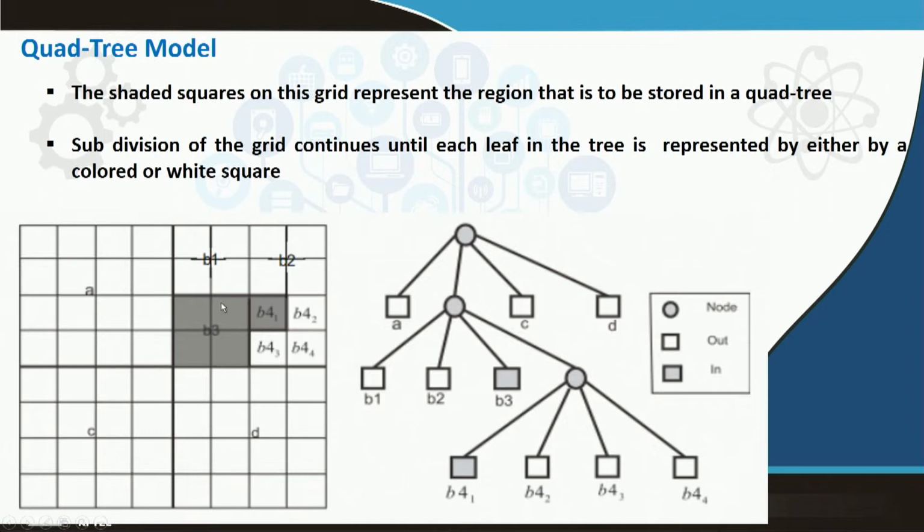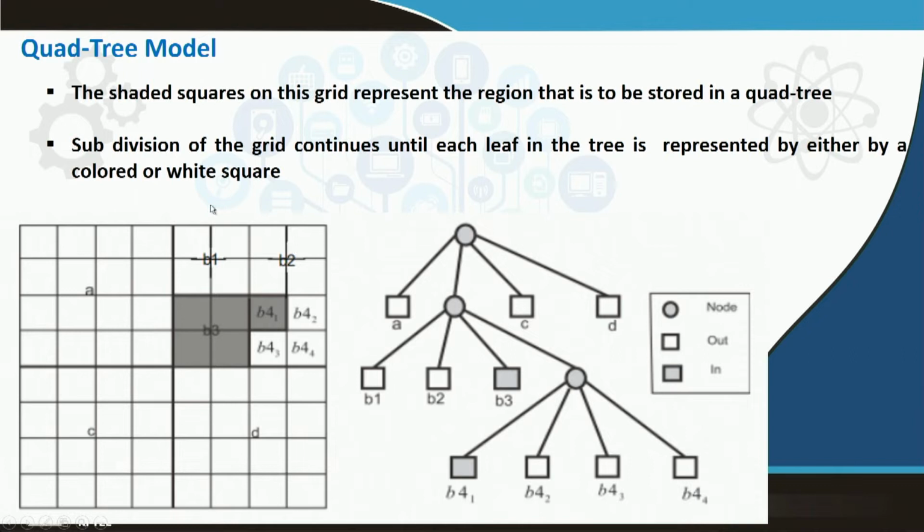Let us take this particular quadrant B. It is then divided again equally into 4 different quadrants, that is B1, B2, B3 and B4. Now it has not reached an individual cell, but it is a collection of cells.